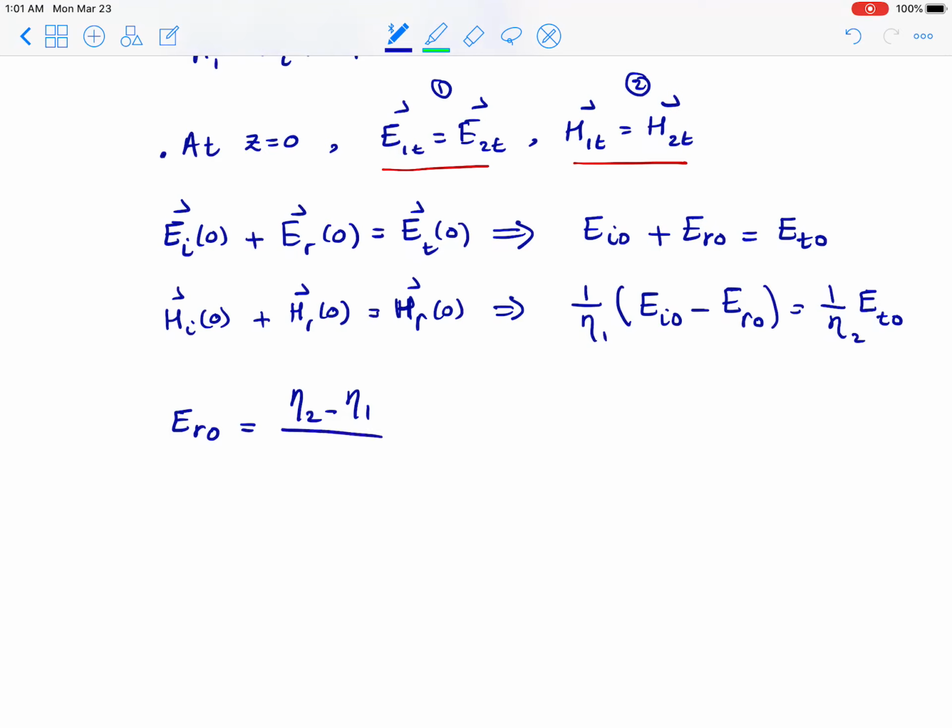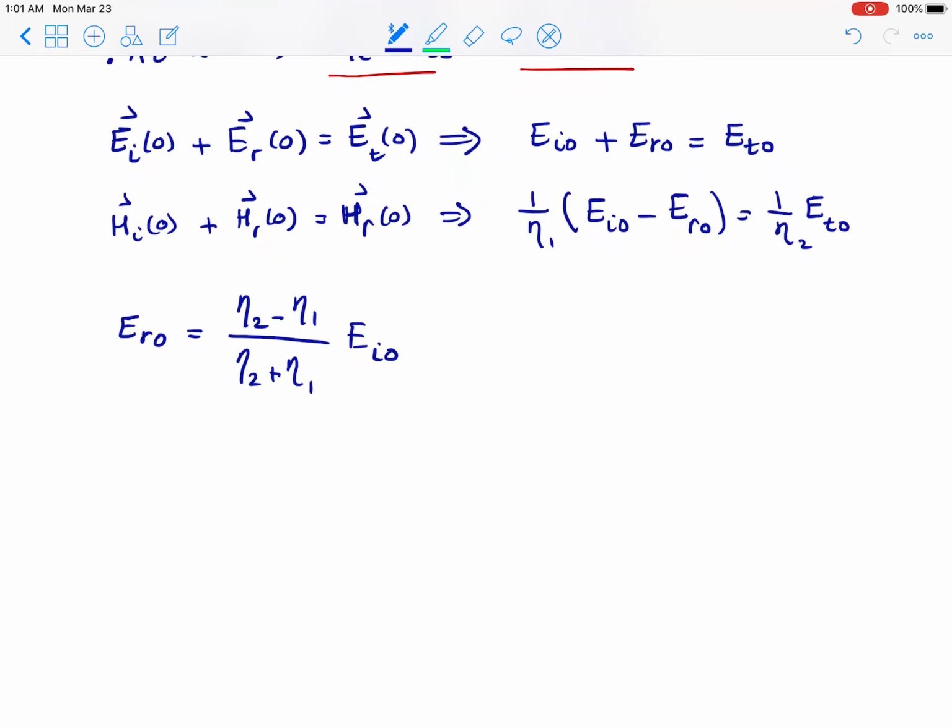So A reflected naught in terms of A incident is eta 2 minus eta 1 divided by eta 2 plus eta 1, times A incident naught. And A transmitted naught is 2 eta 2 divided by eta 1 plus eta 2 times A incident naught.